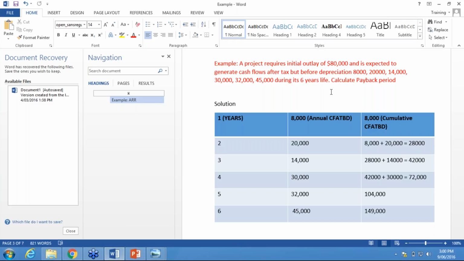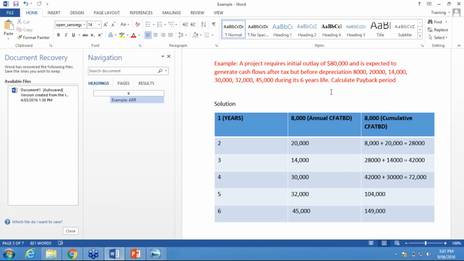Now, cash flow, of course, is the difference between inflows and outflows, but here what you have to consider is after tax but before depreciation. Because if I'm using the word cash, I should not subtract depreciation, because depreciation is a non-cash expense. I will give you some more examples of how to calculate the cash flows figure.